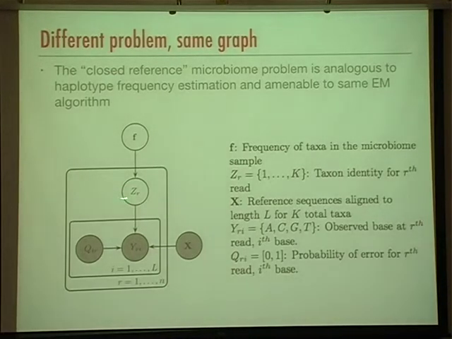And if you told me the taxa identity, the underlying reference sequence, and some quality scores, I could tell you the probability of observing particular bases at that location in a read. And so the same EM algorithm works for this problem. Okay. And this actually makes clear why sometimes it's quite useful to use these graphical models to think about probabilistic models, because you start to see themes in the structure of problems that carry over and reappear in different contexts.